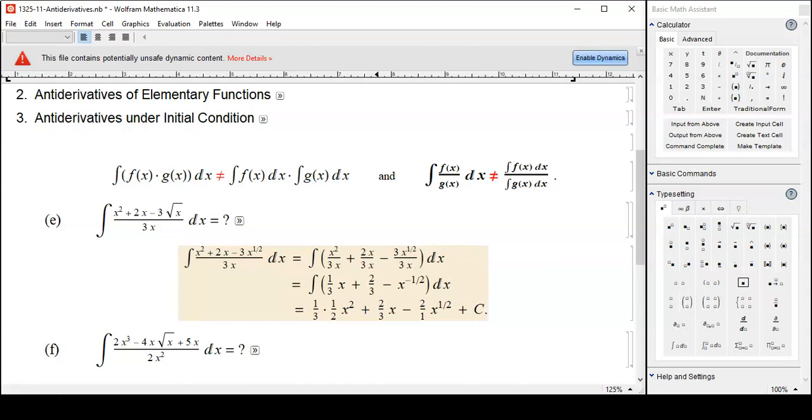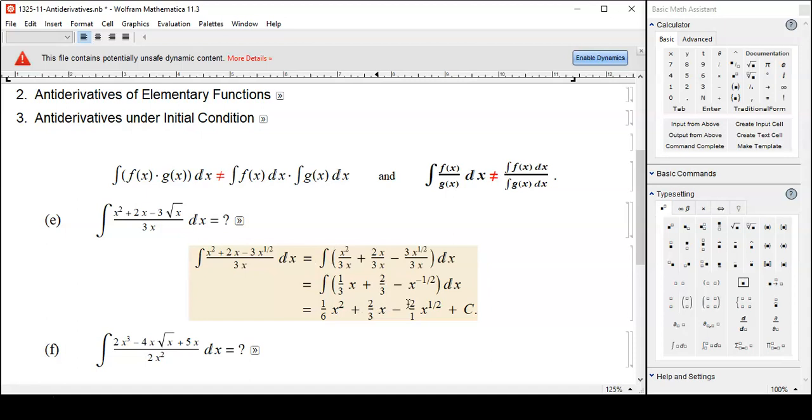You can stop here, or if you prefer to simplify just a little bit, go ahead and do that. 1/3 times 1/2, so 1/6. And this one, the reciprocal is just 2/1, but just 2. I guess that completes the problem.